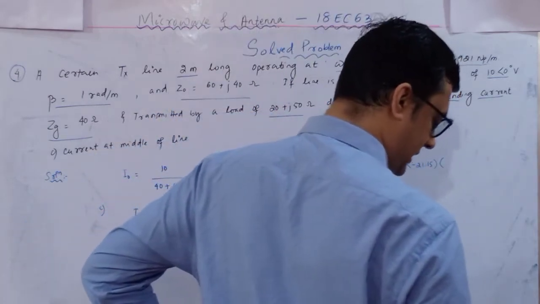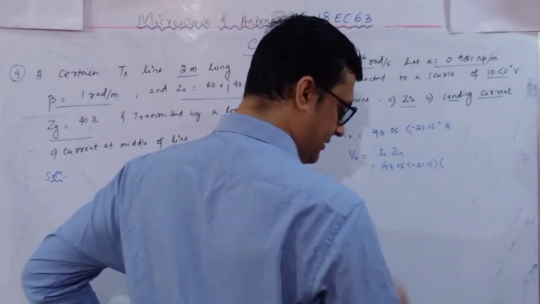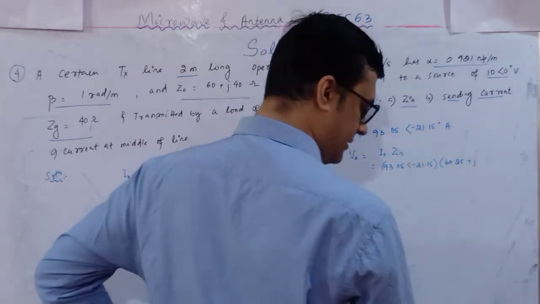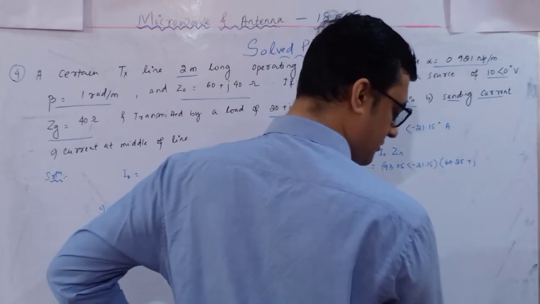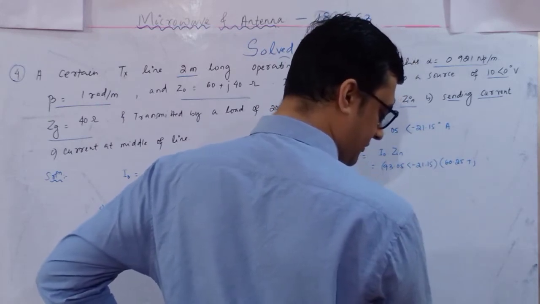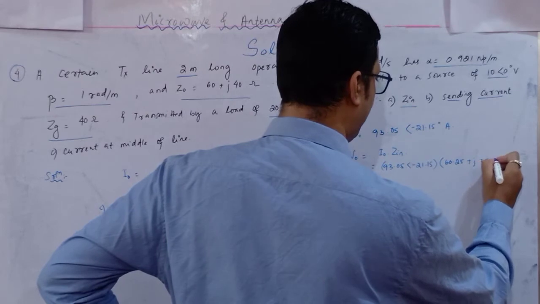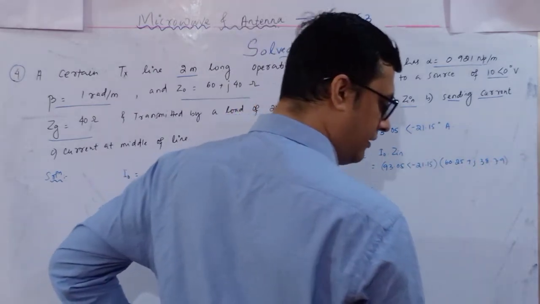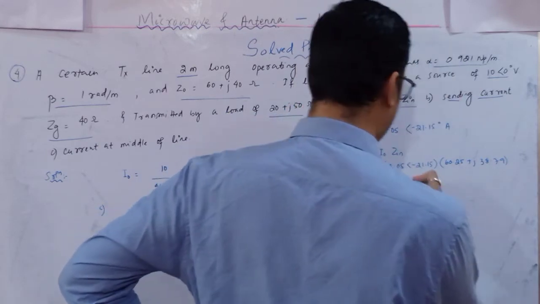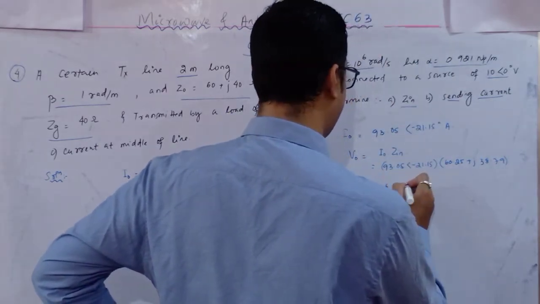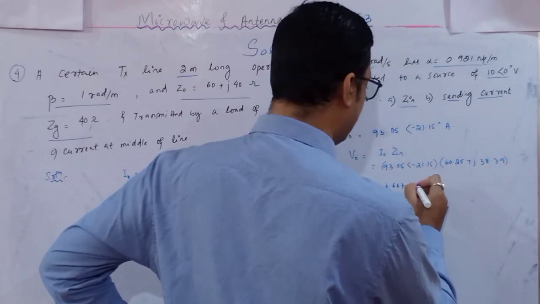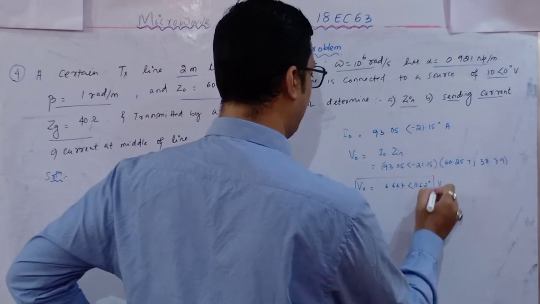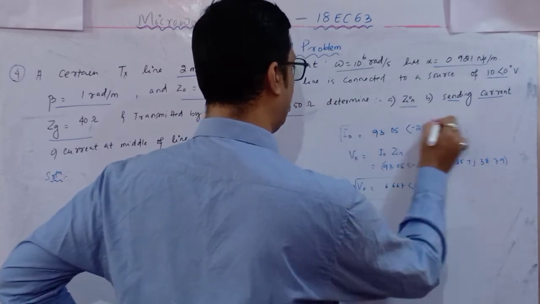Zin we have calculated as 60.25 + j38.79. If you solve this, your V0 you will get around 6.667 angle 11.62 degree volt. So this is my V0, this is my I0.